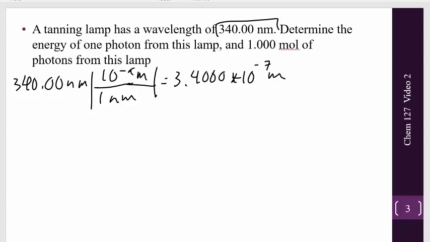Okay, so we want to determine the energy of a photon, and that is related to Planck's constant, the speed of light, and the wavelength in meters.